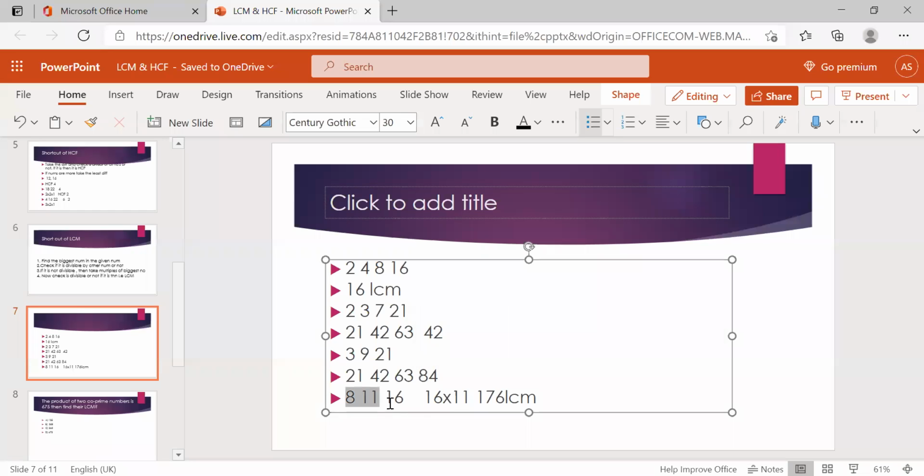And here 8, 11, 16. Here 8 is a factor of 16, so we just eliminate 8 and the remaining two are 11 and 16. 11 is a prime number.